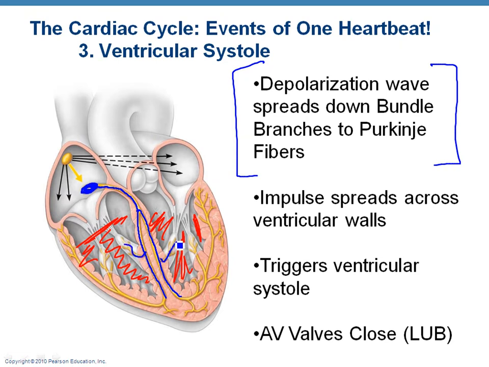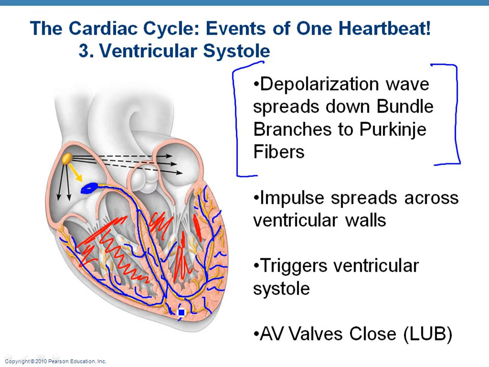And then there are branches of this that extend up into your papillary muscles, as you can see there, and then up these Purkinje fibers. Hopefully you're starting to learn about some of these things and seeing these on the models in the laboratory. And then just like with the atria, those are all parts of your cardiac conduction system, and then that depolarization wave will spread from there across the muscular walls of the ventricles. Okay?